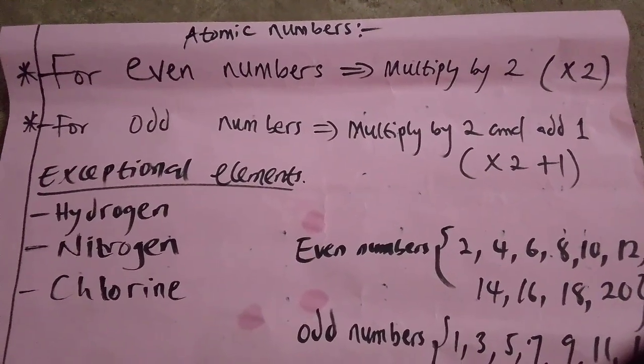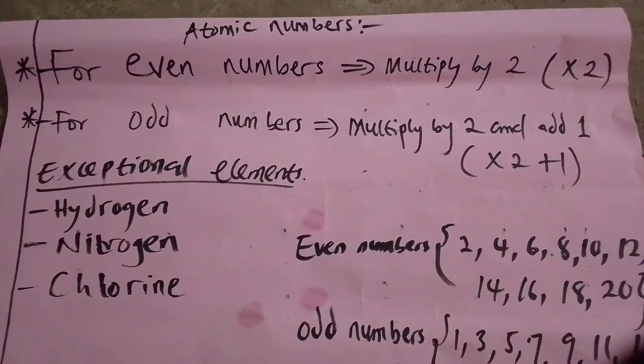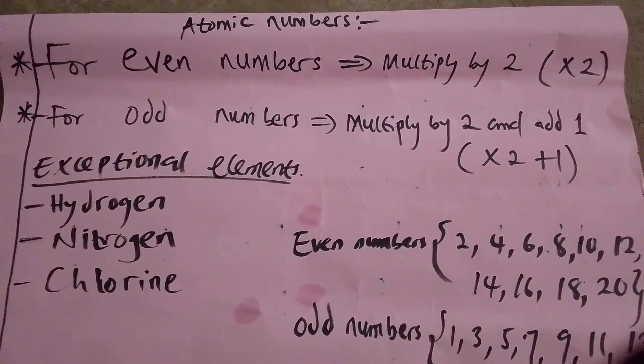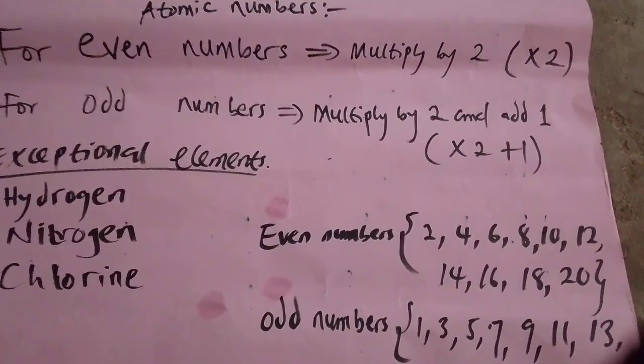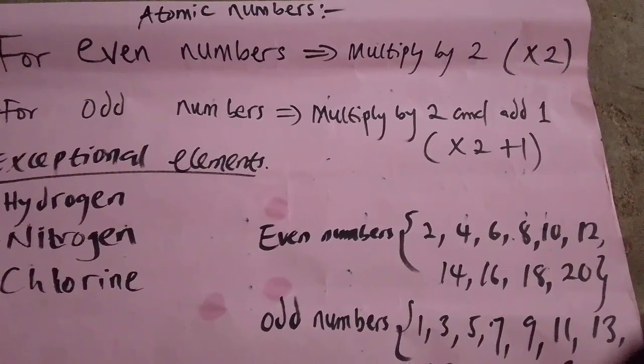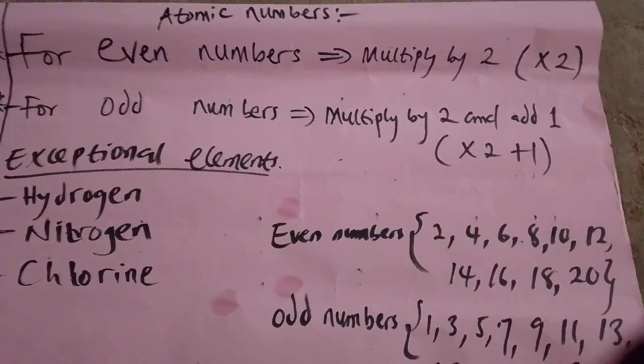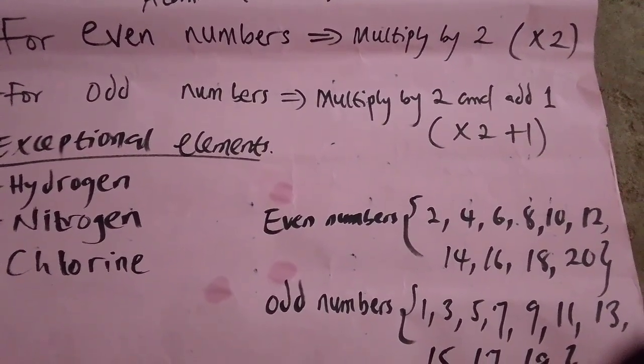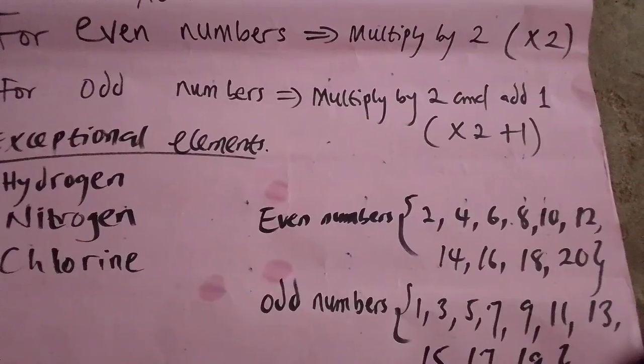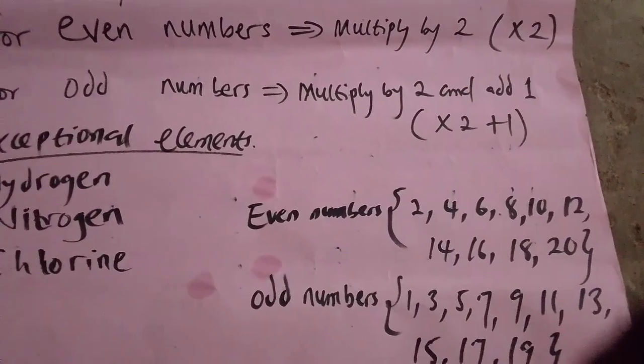And number 2, if the atomic number of that element is an odd number, then we say atomic number times 2, then we say plus 1. Somebody might be curious, what is an even number and what is an odd number?